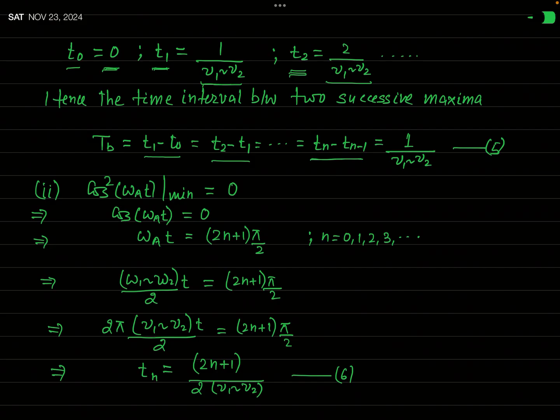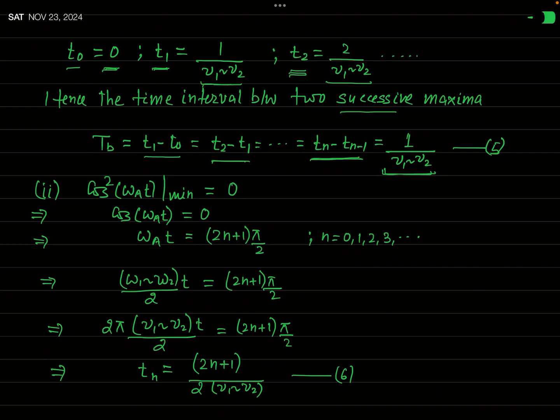From the above values, you can see that t1 minus t0, t2 minus t1, and so on, always give 1 over (nu1 minus nu2). So the time interval between any two successive maxima is equal to 1 over (nu1 minus nu2), the reciprocal of the difference of frequencies of the two waves.